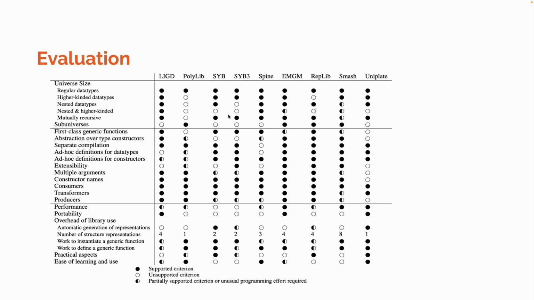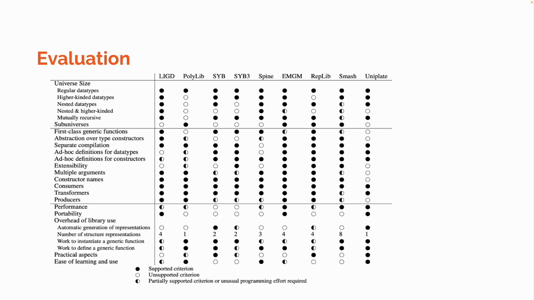But the final result is that it turns out that no single library excels across all the criteria. Libraries that perform well in one aspect often struggle in others. For instance, extensible libraries like SYB3 require more boilerplate code than non-extensible ones and support a similar universe size.